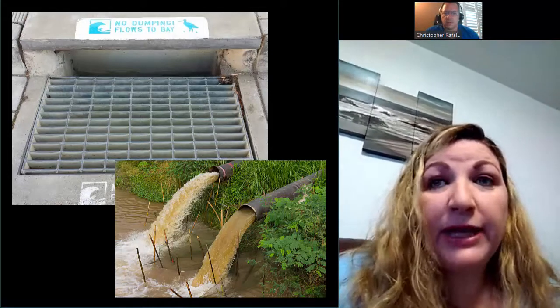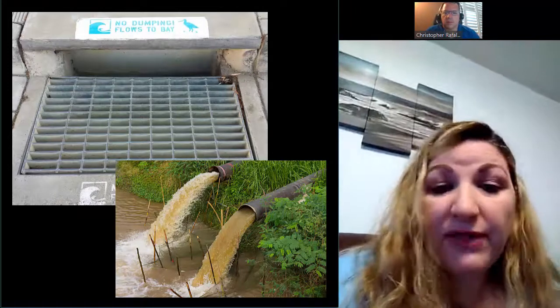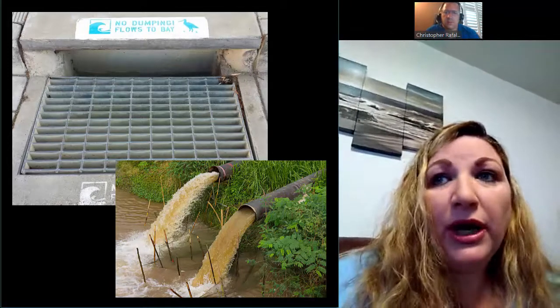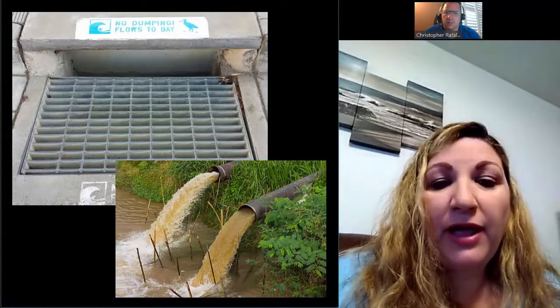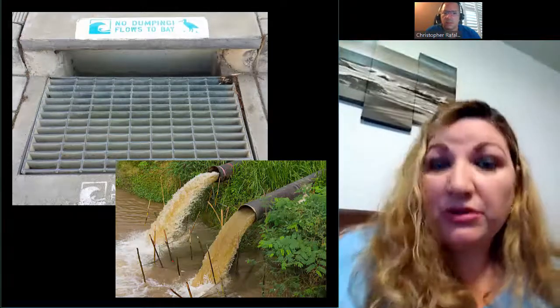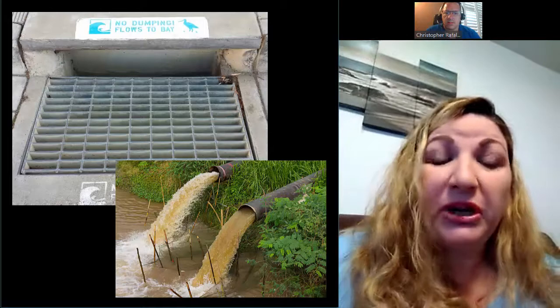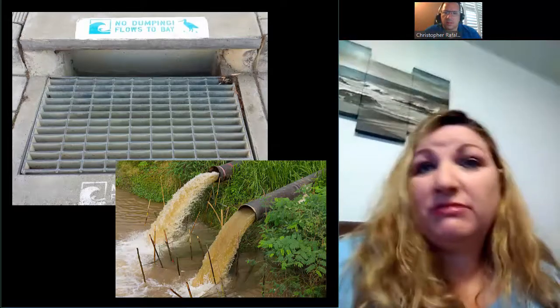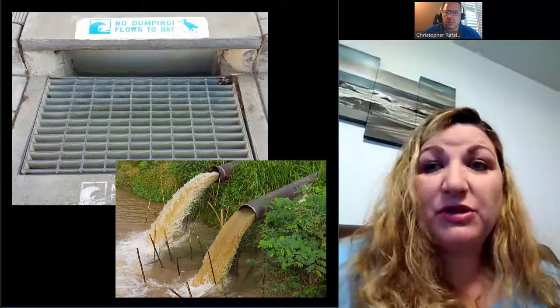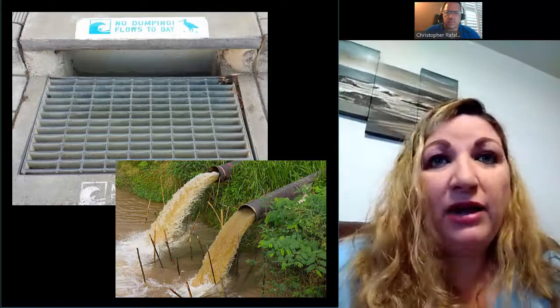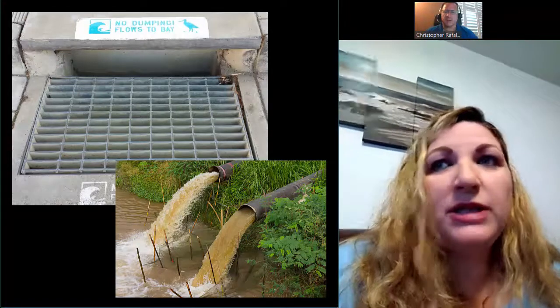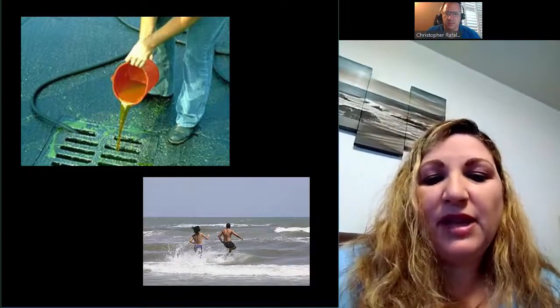So anytime somebody's pickup truck has stuff that flies out, or there's trash laying around, or those septic systems aren't working and that sewage is leaking, it'll get into those storm drains, and all of that goes into the bay. So anything I pour on my street, I might as well just go down to Galveston and pour it straight in the ocean.